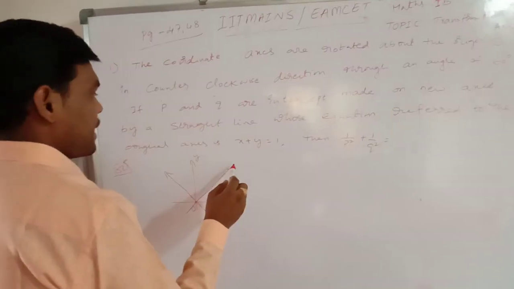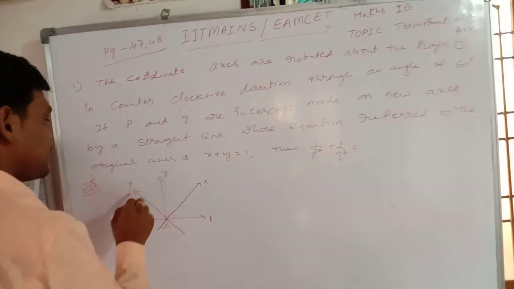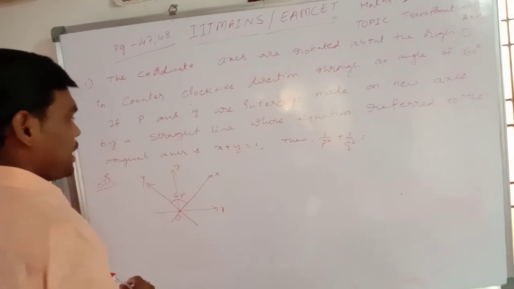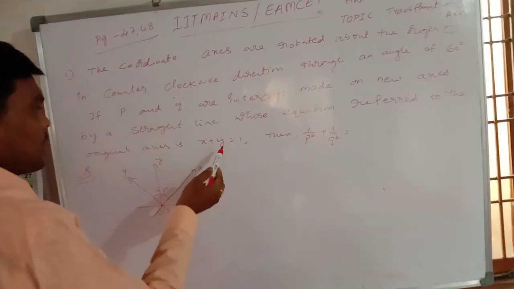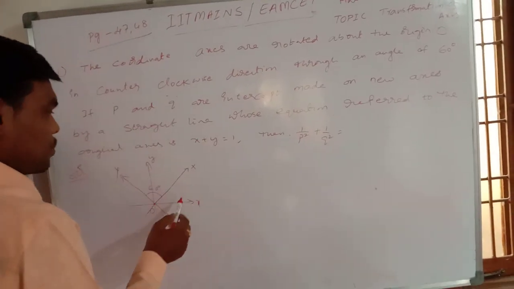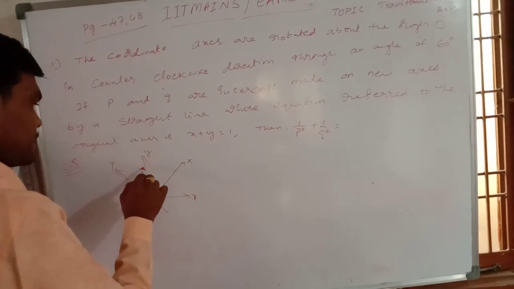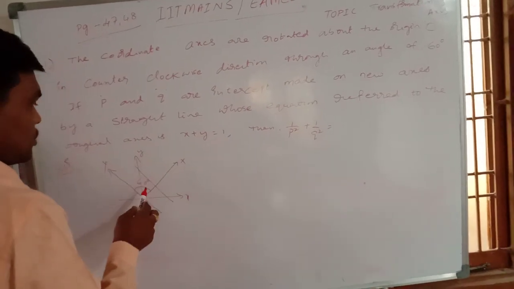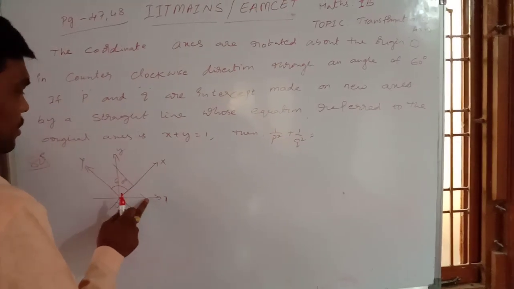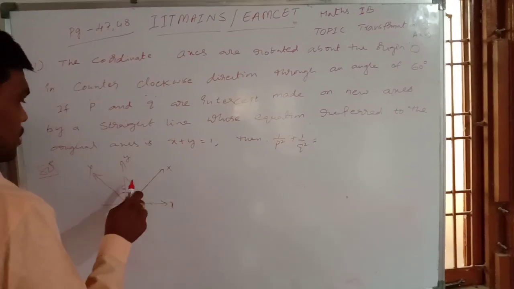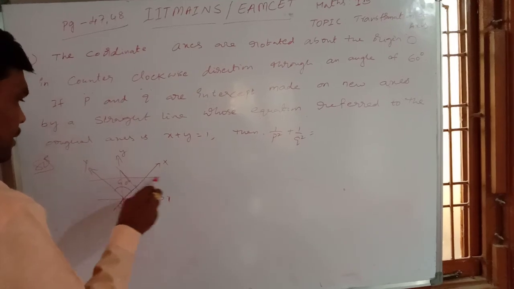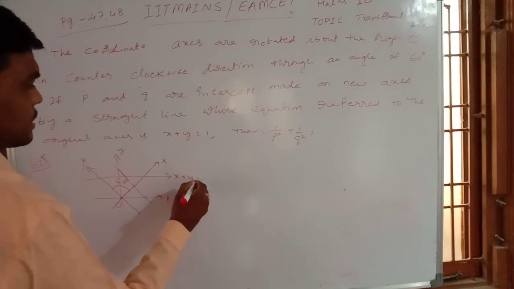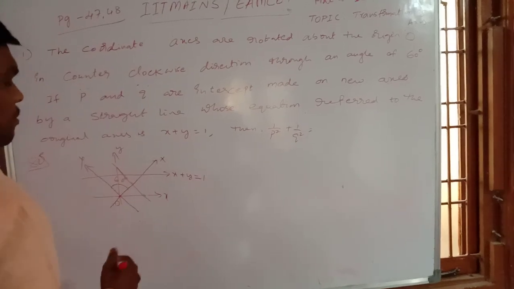Now the new coordinate axes, this is capital X and this is capital Y. This angle is 60 degrees. Now the line with respect to the original axes is x plus y is equal to 1.